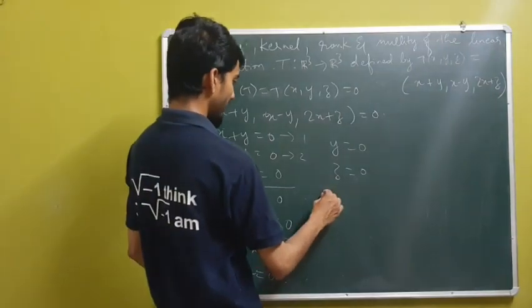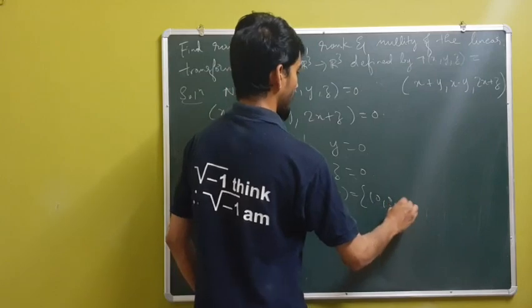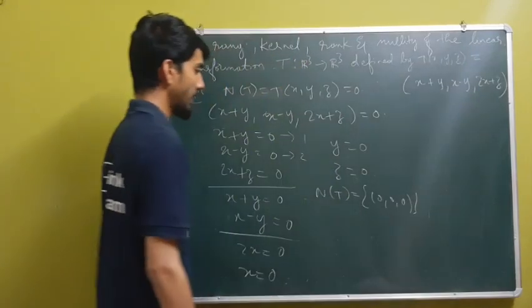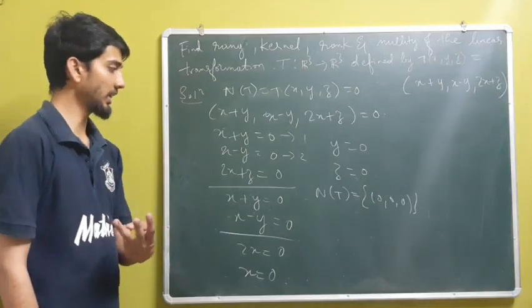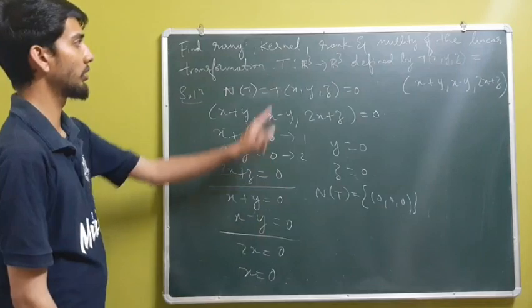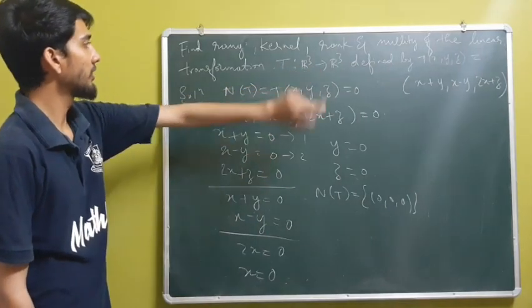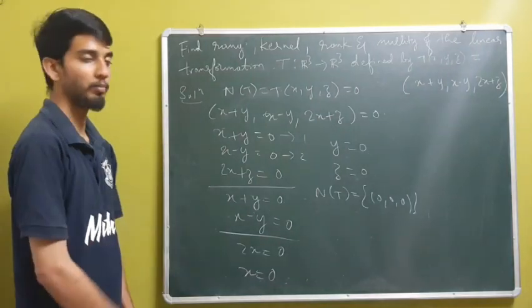Therefore all of x, y, z are 0, N(T) is trivial, so nullity is 0. We got in the previous case rank 3, and here nullity is 0, so rank plus nullity is equal to the dimension of the domain, and we have found the range. This completes the problem.